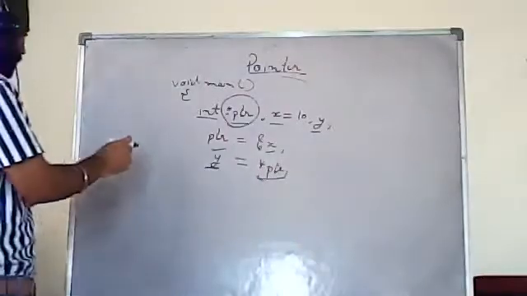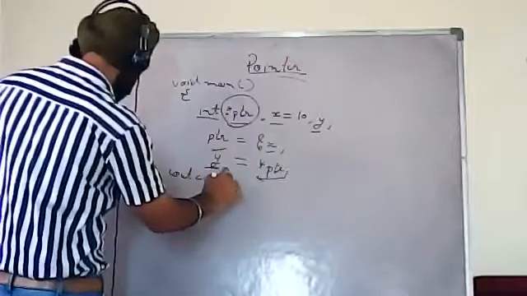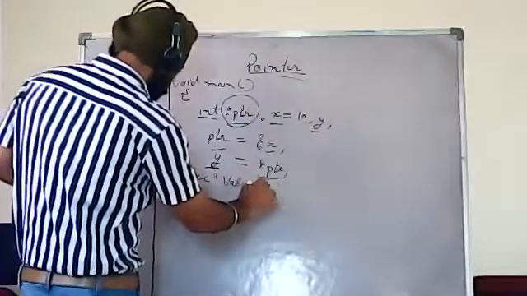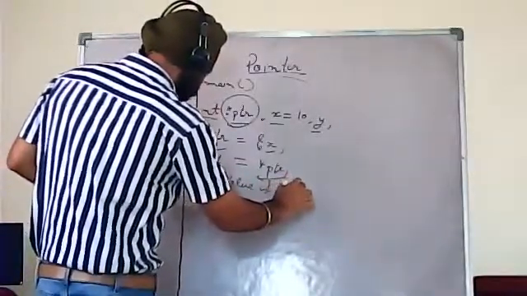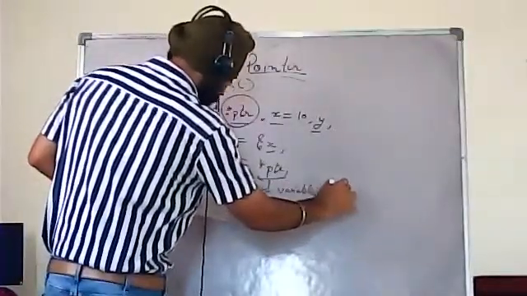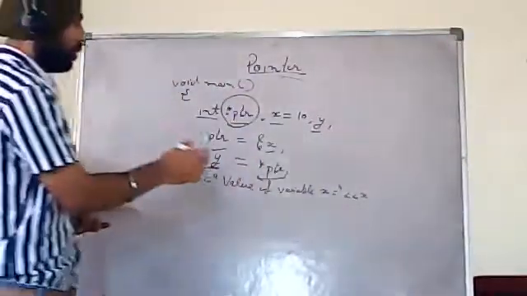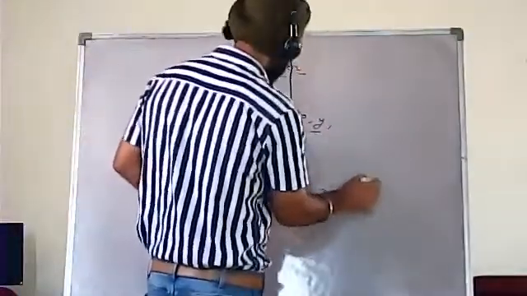The next step is to print the value. So we write cout, value of variable x is equal to x. Here we are printing the value of x.